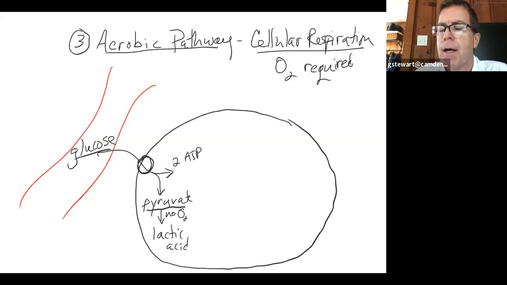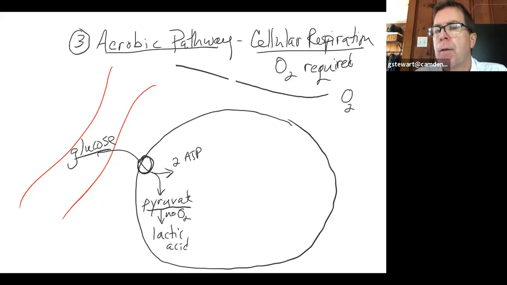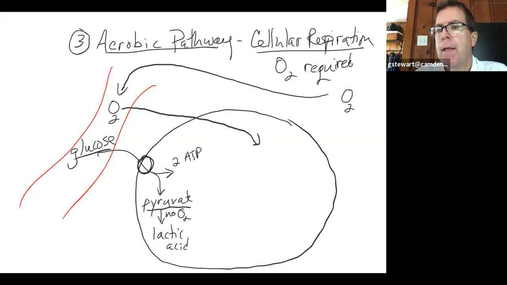If there is oxygen, in other words, if we start breathing heavily, oxygen comes into the bloodstream via our respiratory system. That oxygen can also diffuse into the cell and into a mitochondria in that cell.